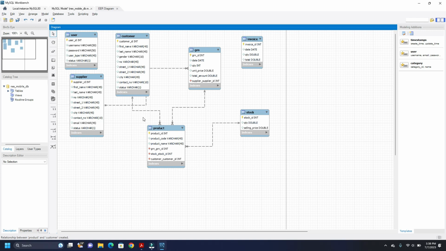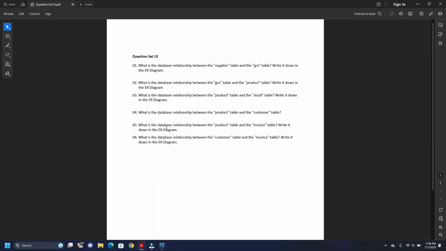And on to the next question, what is the database relationship between the product table and the invoice table? Write it down in the ER diagram. So when a customer purchases products, that customer is given an invoice stating the products that he or she has purchased. So if a customer buys multiple products, those products are stated in that invoice.